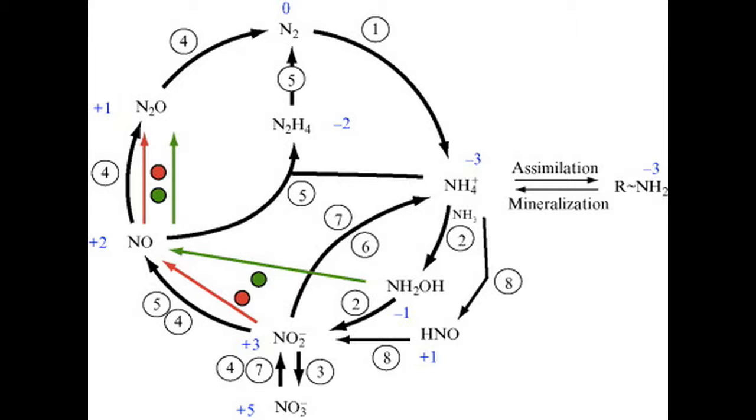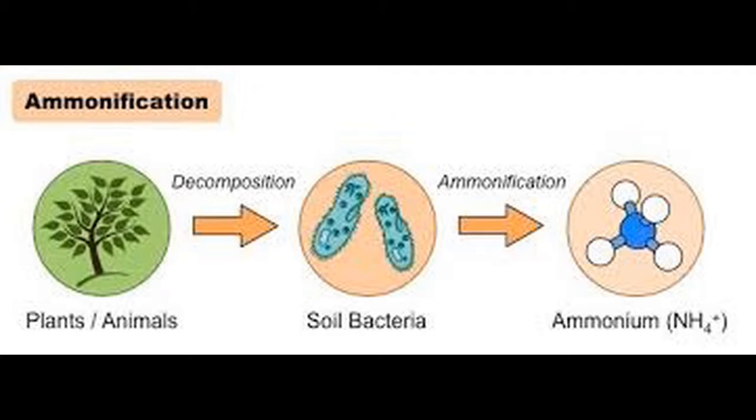Nitrate is usually the predominant form of the available nitrogen that is absorbed. Another way that plants can absorb nitrogen is through symbiotic N2 fixation with microbes in the soil.